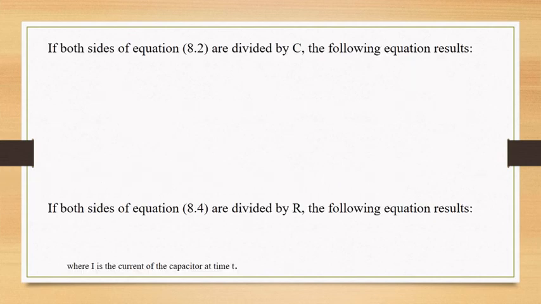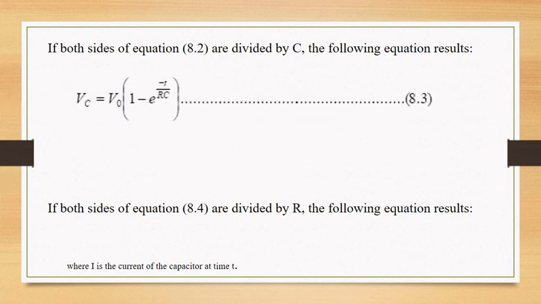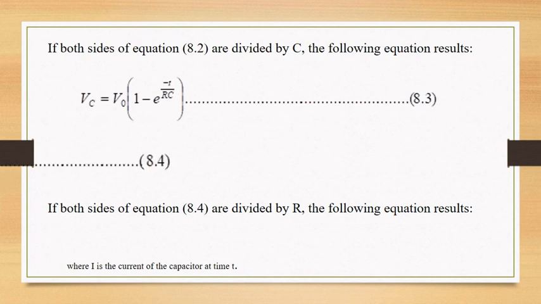If both sides of the equation are divided by C, the following equation results, where V is the voltage of the capacitor at time T. The voltage across the resistor at time T is given by.